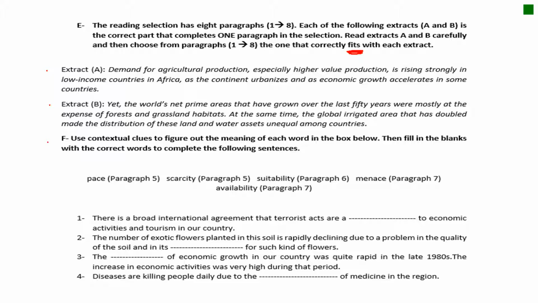Here, you need to fill in the blanks with one of those words, but many of you might not know what those words are. You might know what they are, but they might be different in the context they are in. So what you need to do is go back to paragraph 5 and try to figure out what the word pace in paragraph 5 means in its context, and then fill in the blanks with this word in here.